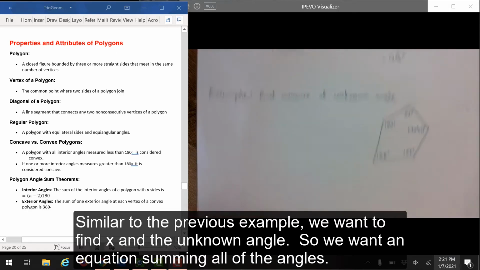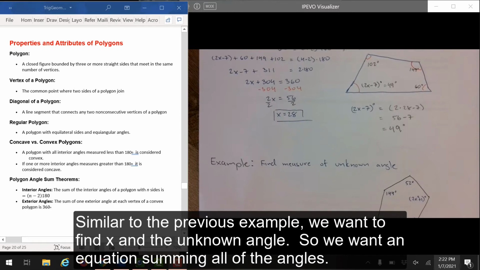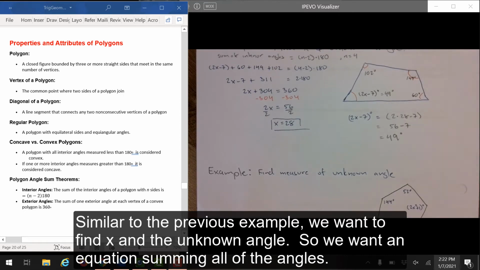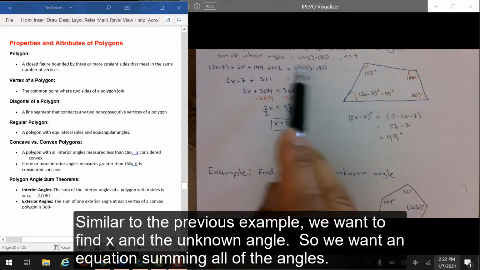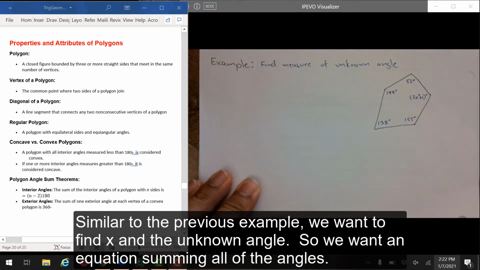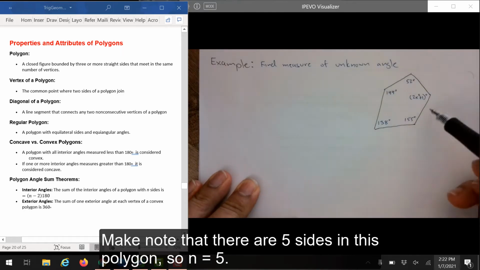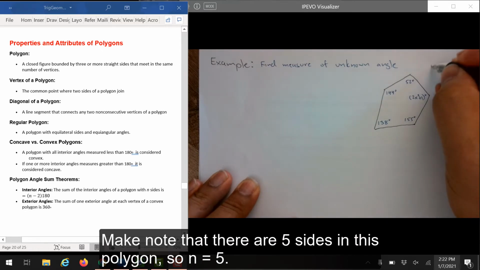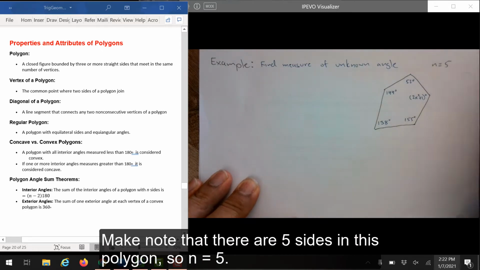So we want an equation summing all of the angles. Make note, there are 5 sides in this polygon, so n equals 5.